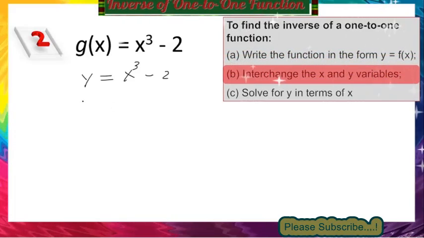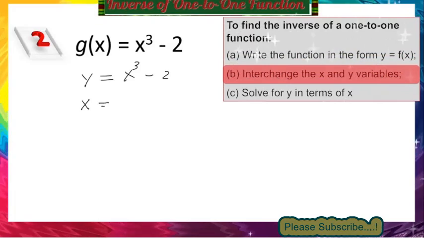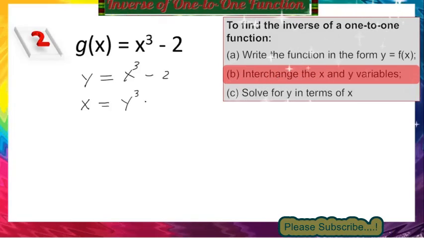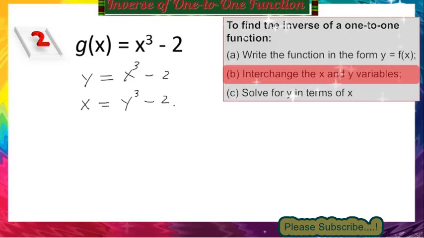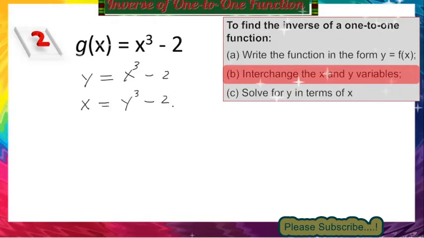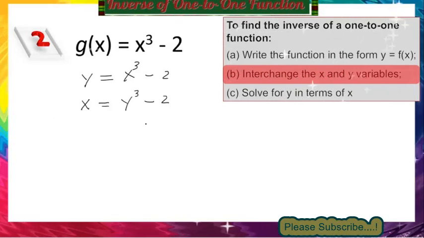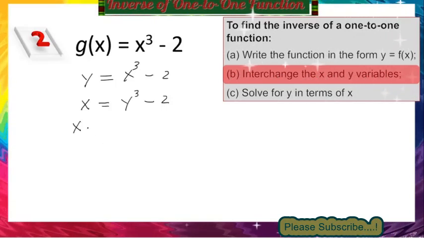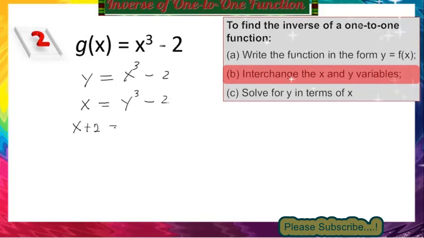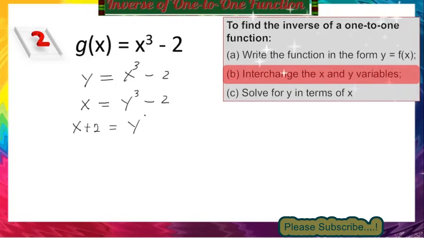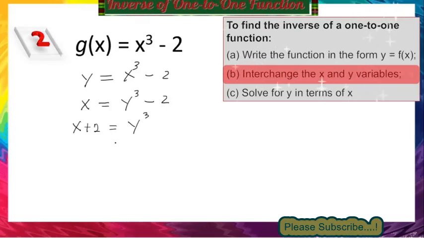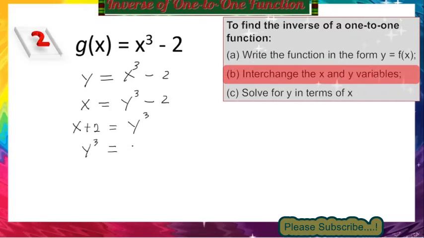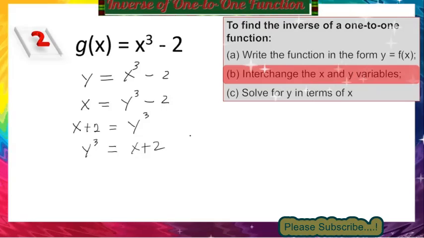So this is x, then this is y cubed minus 2. We'll transpose this to the other side, so this will become x plus 2 equals y cubed, or simply y cubed equals x plus 2.